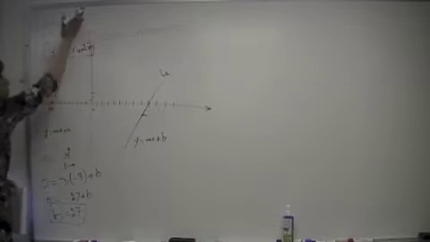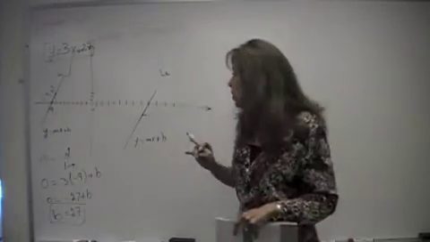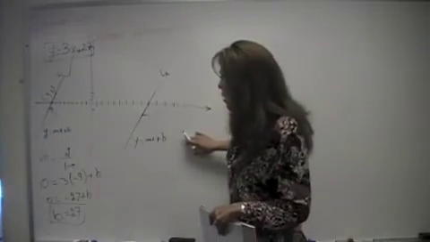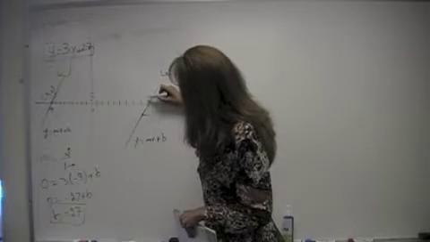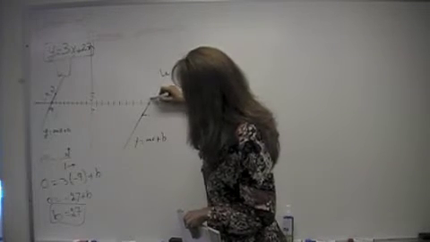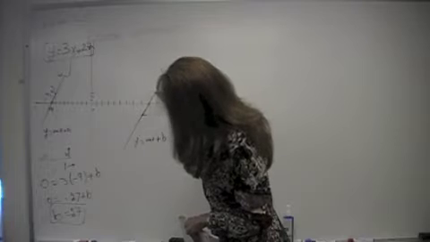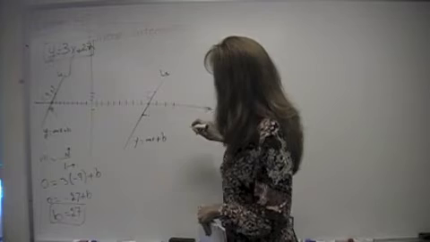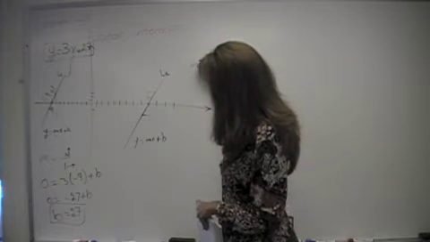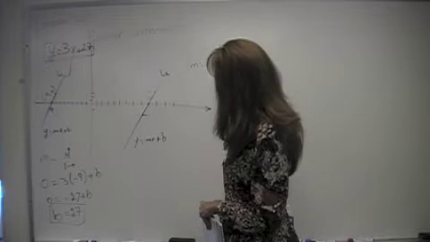That means if I continue with this line, it's going to intersect the y-axis at point 27. Let's do another one here. My slope here is going 3 up and 1 to the right, so m is again 3 over 1, which is 3.